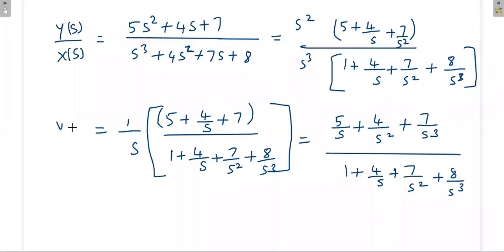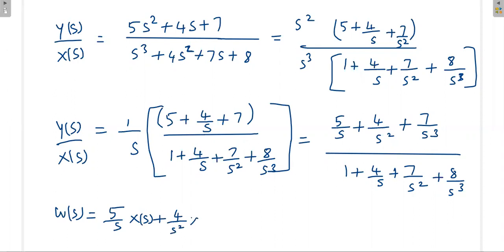So this is Y of s divided by X of s. Now this X of s we can multiply with this one, which we call W of s. So 5 by s X of s plus 4 by s square X of s plus 7 by s cube X of s.